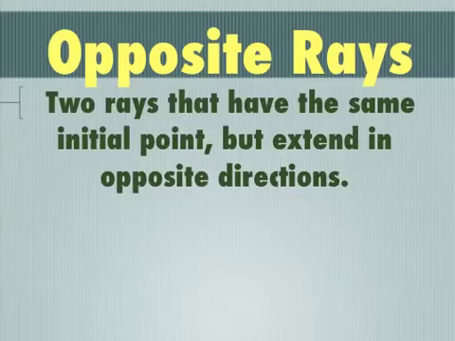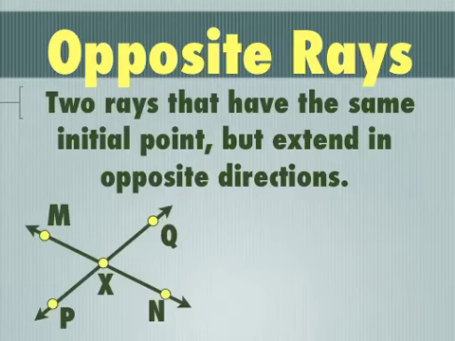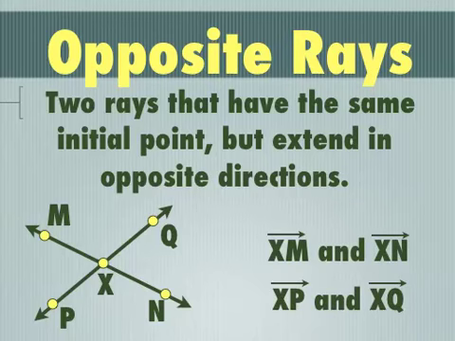Opposite rays are 2 rays that have the same initial point but extend in opposite directions. In this, I have 2 lines that are crossing at X. They're intersecting at point X. If you can see, my opposite rays would be XM.